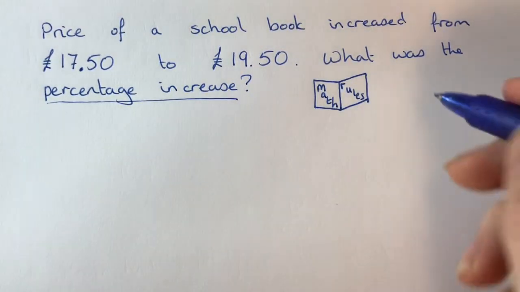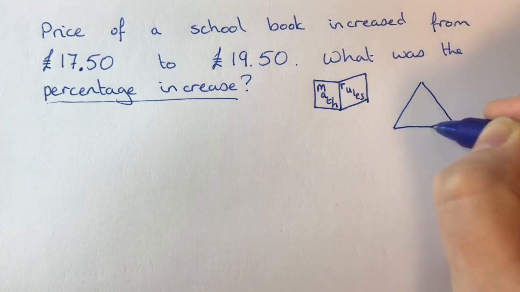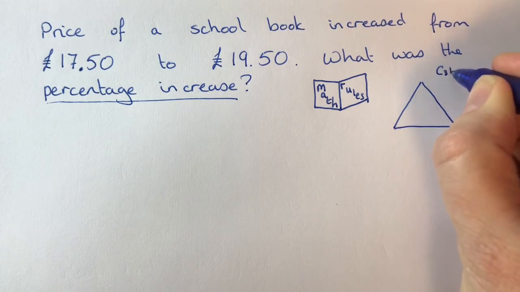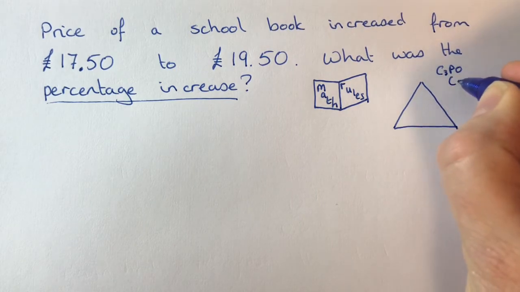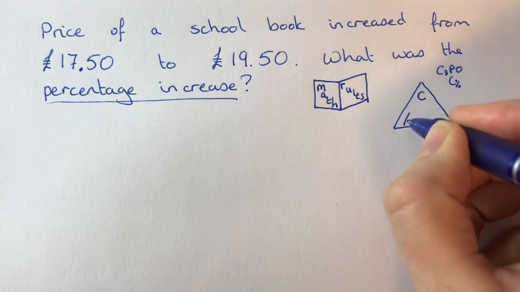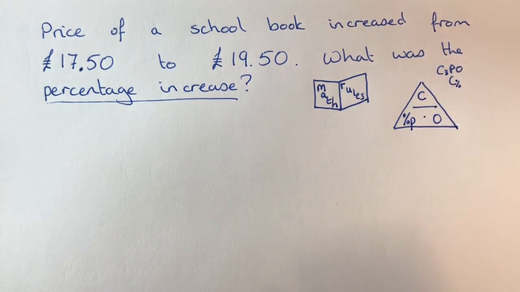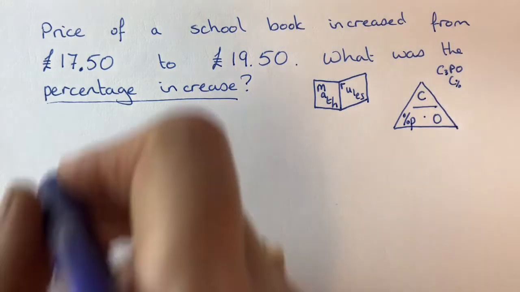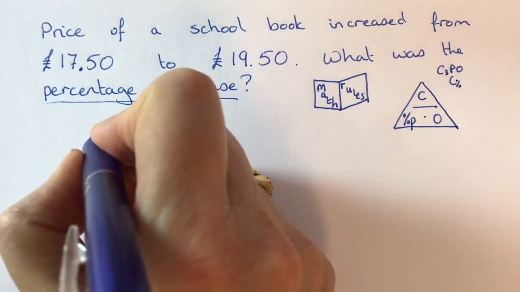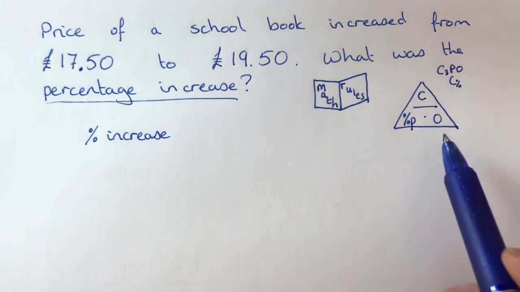And this is where we should recognise that we need our percentage increase formula, which was, if you remember, C3PO, the Star Wars guy, where we changed the 3 to a percentage sign. So we've got C, percentage, P, O. And our formula here for percentage increase, we're trying to work out the percentage increase.